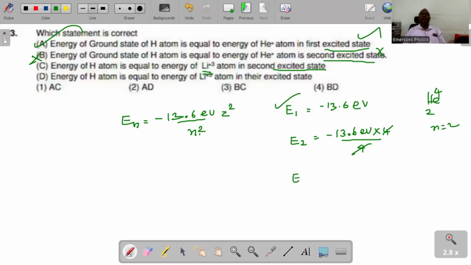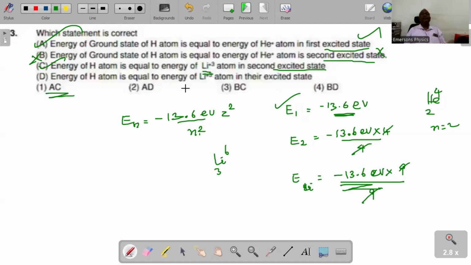Energy of lithium, Z is 3, minus 13.6 electron volt into 3 squared, 9, divided by N squared. The second excited state means N is 3, that means 3 squared, 9, and 9 will get cancelled. So these two are equal. So the third statement is also correct. A and C are correct.